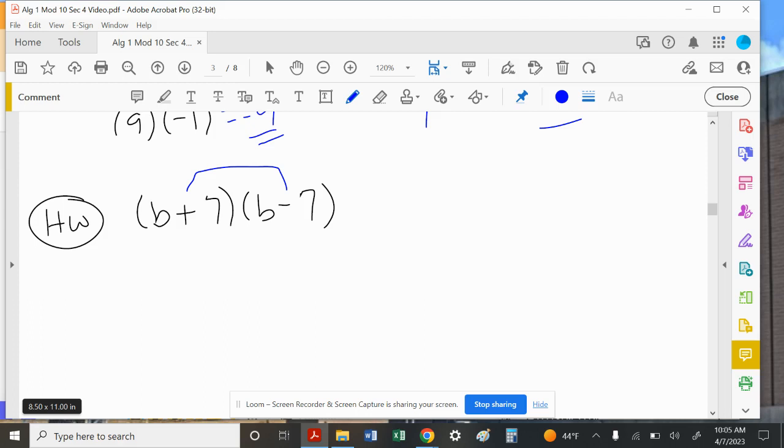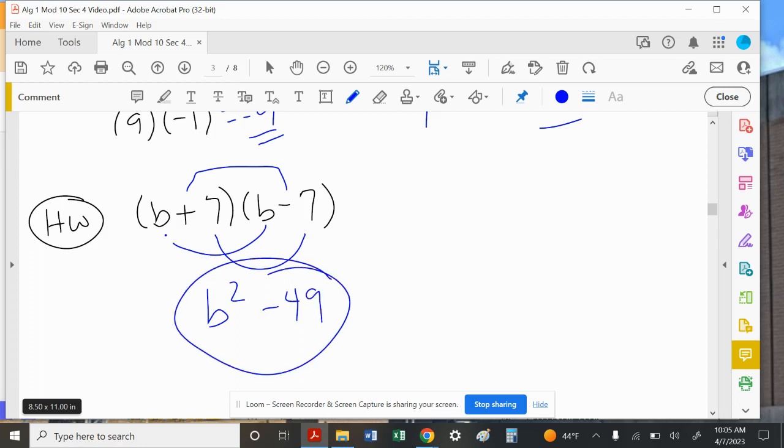Or I can just look at multiplying the first terms, b times b, which is b squared, and 7 times negative 7, which is negative 49. And that would be my answer. When I do these, by the way, this sign is always going to be negative because, again, one has to be positive, one has to be negative, and when we multiply those two, then we get a negative answer.